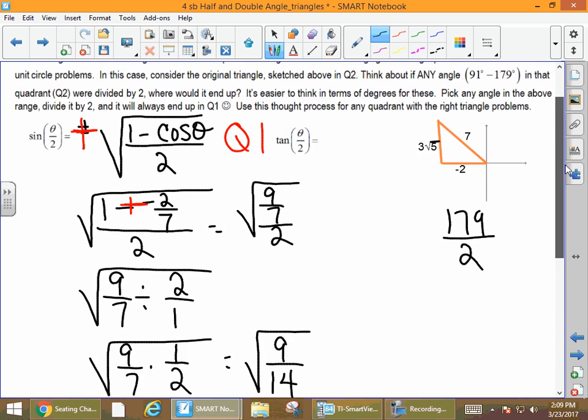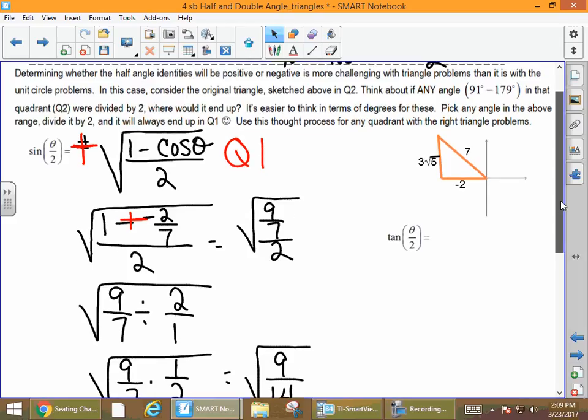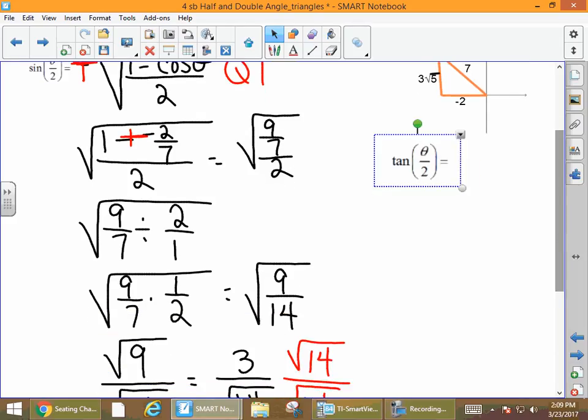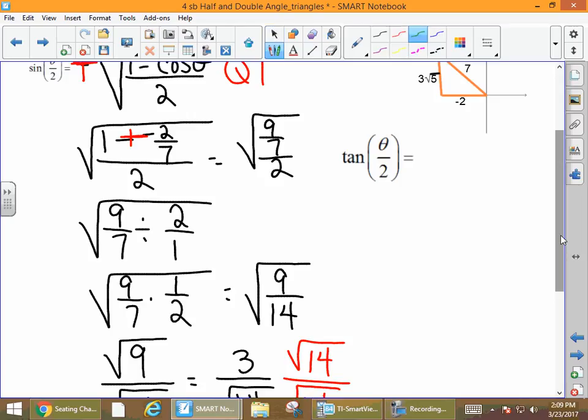So to finish here, let's look at tangent of theta over 2. And I am going to scoot this over a little bit so we can see it. I need to revise these smartboard notes just a little bit for next year. But the tangent function, if we look back on the front page here, is it 1 minus cosine theta over 1 plus, or is it the opposite?